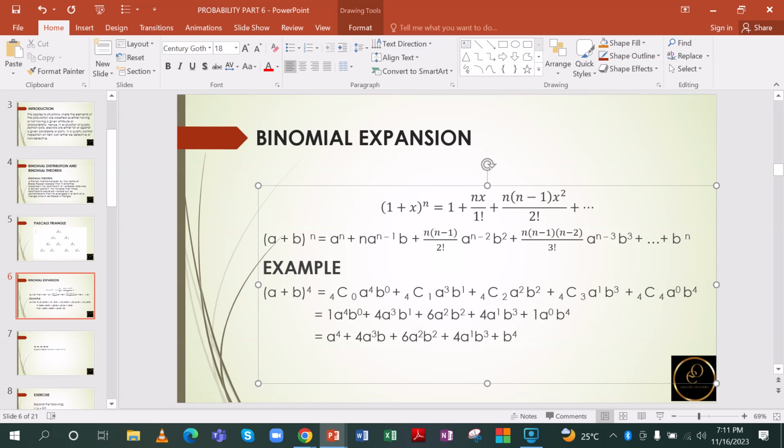Are we together? You go to the next one. A combination of 4 items taken 2 at a time. When you work it out, it gives you 6, which is the 6 coming before a squared b squared. That's what you are seeing here.